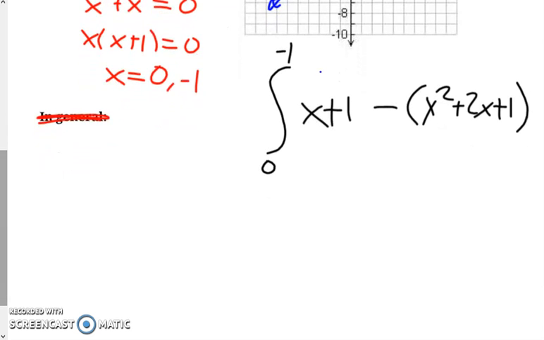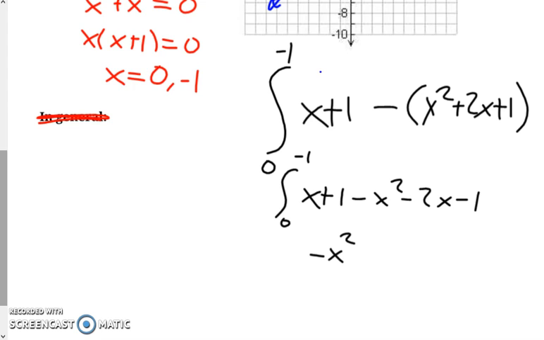Again, you can type that directly in your calculator, or you can do a little simplification first. So this is the definite integral we're left with. Again, you can do the antiderivative, plug in the top, subtract the bottom, but in the interest of time, let's use our calculator here. In class, we will do these by hand.